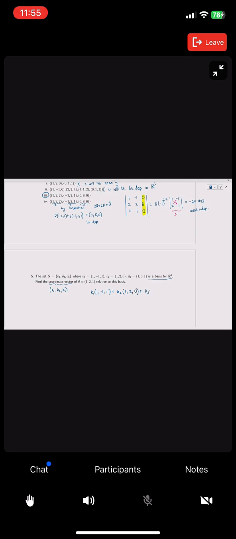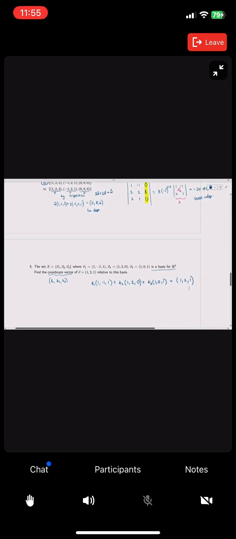What I'm asking you here is a little more difficult, because you have to solve the system of equations to find k1, k2, k3. If instead they gave you the coordinate vector, and you had to find this vector v, that would be easier, because you just put those numbers in, multiply, and add. So always read carefully what they're asking.